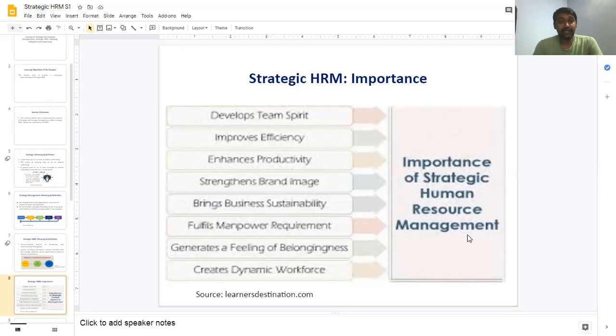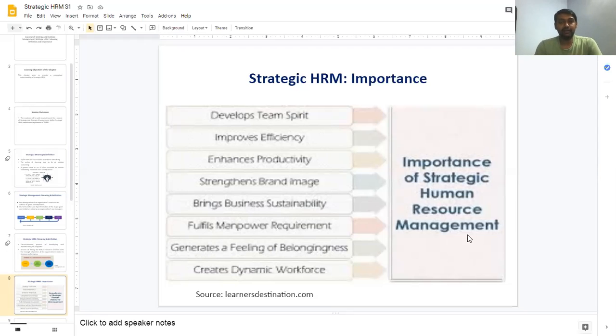The second one, it improves efficiency. No doubt, through effective strategic plans and strategies in the human resource function, we accomplish efficiency in the organization. The third one, it enhances productivity. So all these are interrelated.